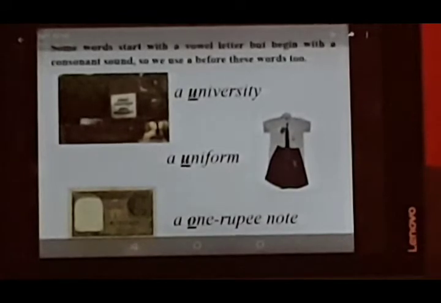Y-O-U sound. So U is a consonant sound of Y. Understood? U is not the vowel sound of U. University is the consonant sound of Y-O-U, which is a consonant. That is why we say university and we say a uniform.